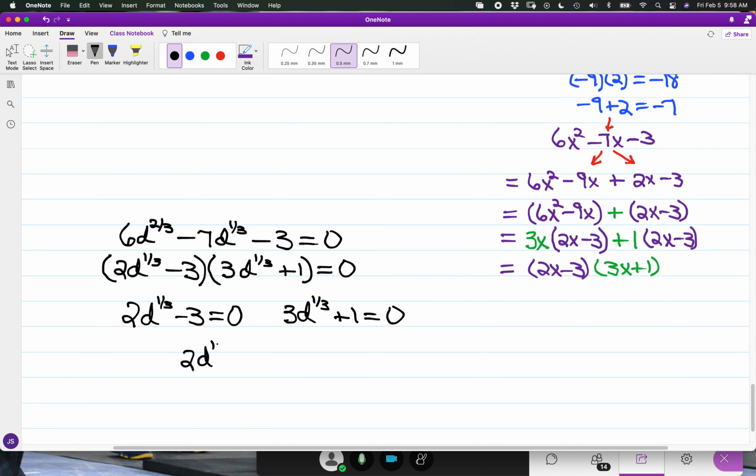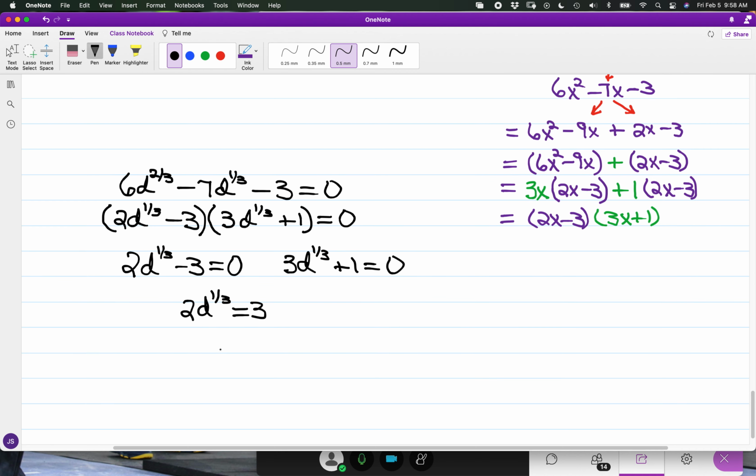Itemizing the d to the 1/3, if I add 3 to both sides in the first setup and then divide by 2, I have d to the 1/3 is equal to 3/2. Again, added 3, then divided by 2.